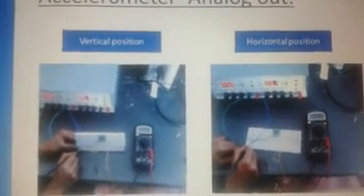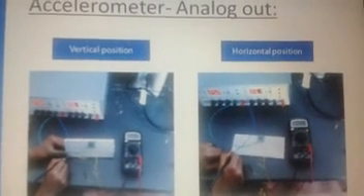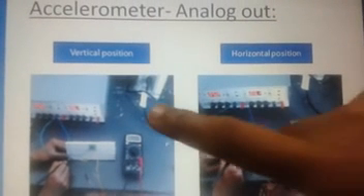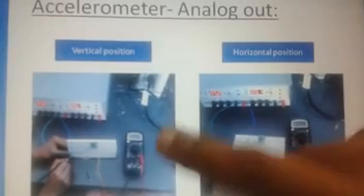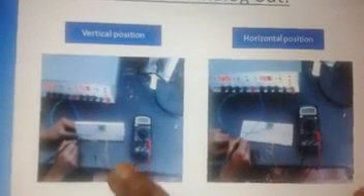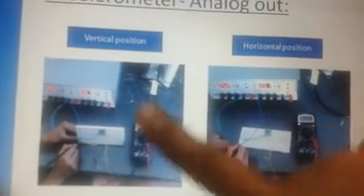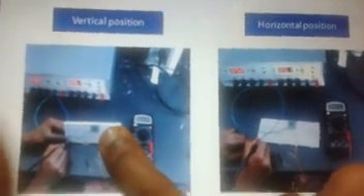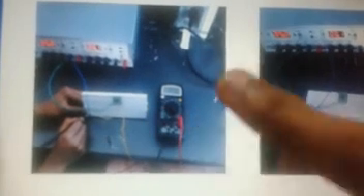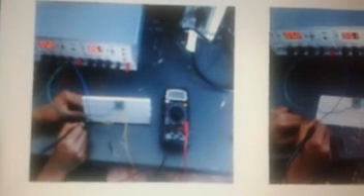We did the coding, but it is not a complete one. So we take only the analog output, and this is the vertical position where the accelerometer is sensed, and this is the place where the accelerometer is placed. In various positions, for each position we get an individual analog output voltage.